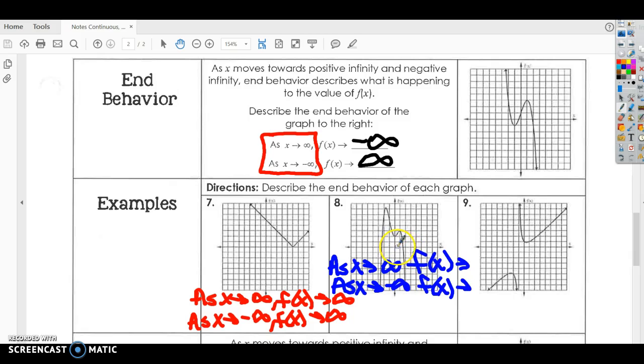If I look at x positive, that's my positive infinity, the graph's going down, so that's negative infinity. And if I look at negative x's, so as x goes to negative infinity, the graph is going down, so that is negative infinity as well.